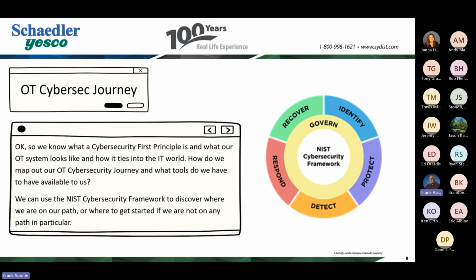And the nice thing that was added to version 2 is this yellow circle in the middle. That's the governance. Before it was just these 5 other steps around the outside, but the governance is nice to have included because that is the driver for a lot of the work we do in using this cybersecurity framework. So governance are things like your computer use policies, your cybersecurity policies.